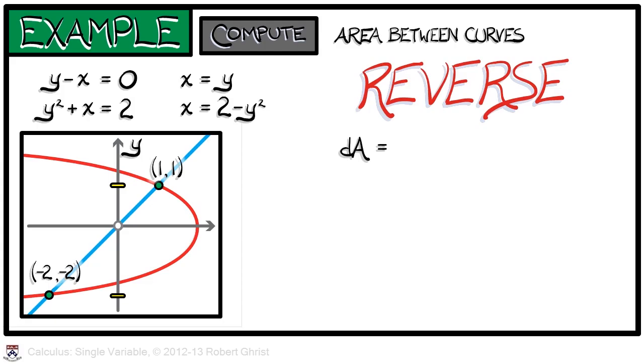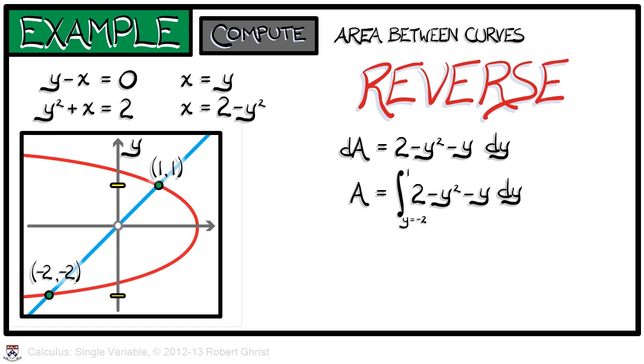What is this area element? If we take the x-coordinate on the right, that's 2 minus y squared, subtract the x-coordinate on the left, namely y, multiplied by the thickness, dy, then we can integrate this area element as y goes from -2 to 1.